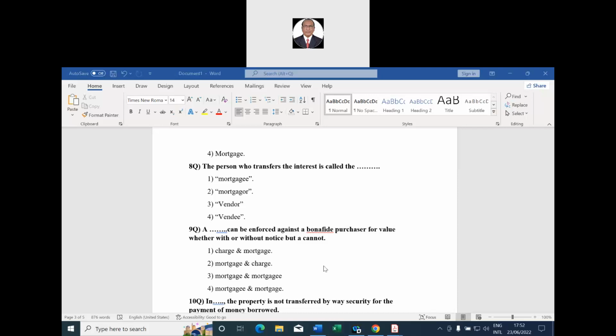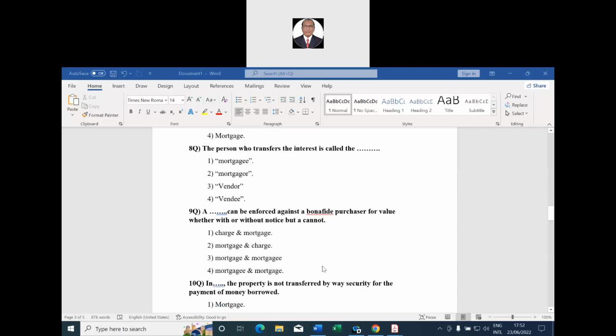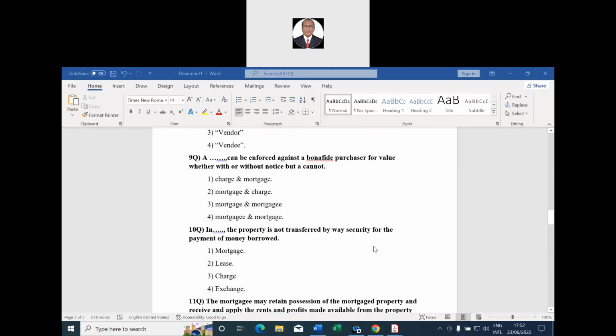A mortgage can be enforced against a bona fide purchaser for value, whether with or without notice, but a charge cannot. That is the second option for the ninth question. Is it clear? Say yes. Yes, sir. Very good.